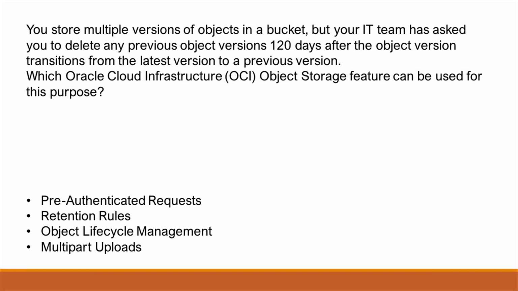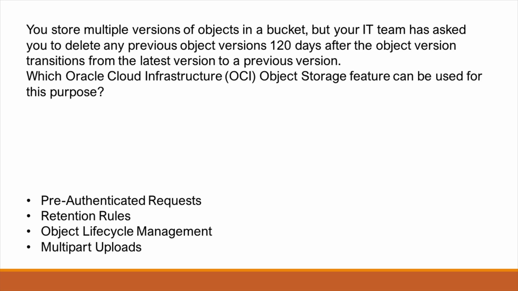You store multiple versions of objects in a bucket, but your IT team has asked you to delete any previous object versions 120 days after the object version transitions from the latest version to a previous version. Which Oracle Cloud Infrastructure, OCI, object storage feature can be used for this purpose?